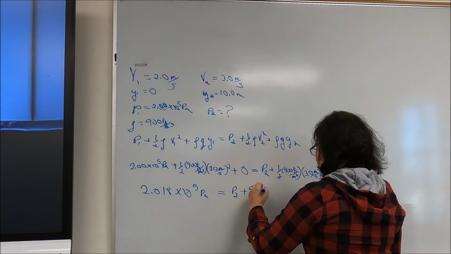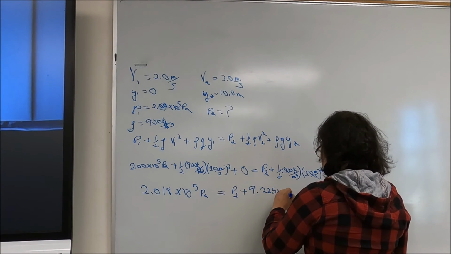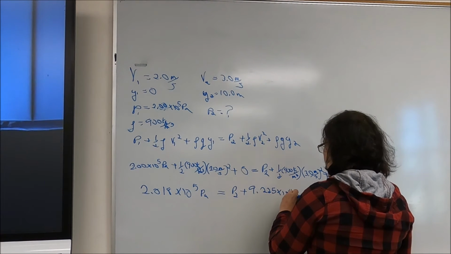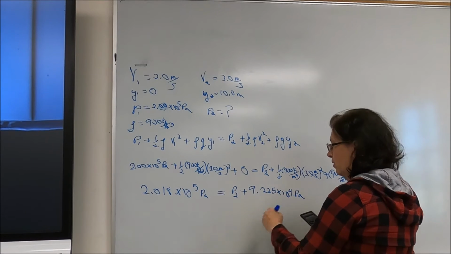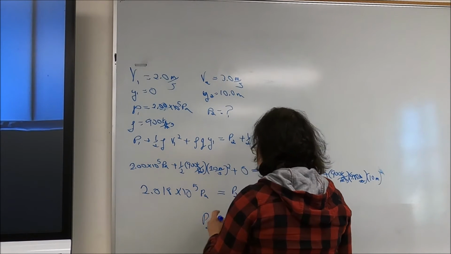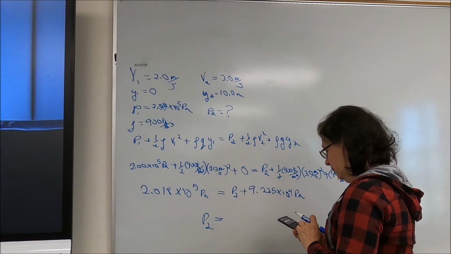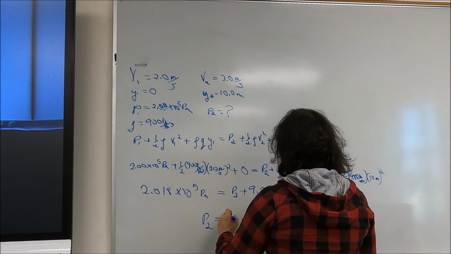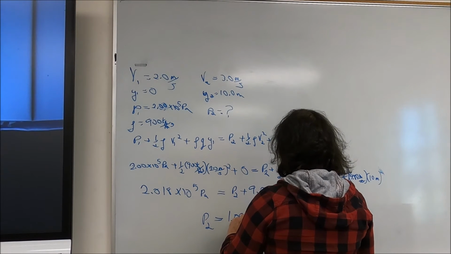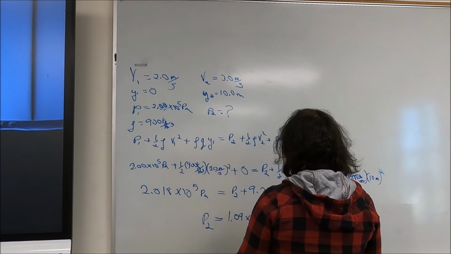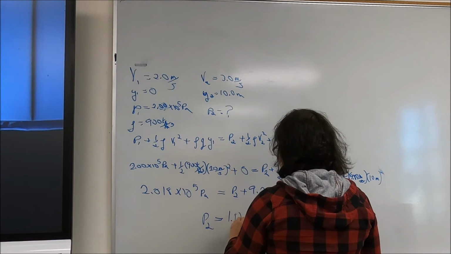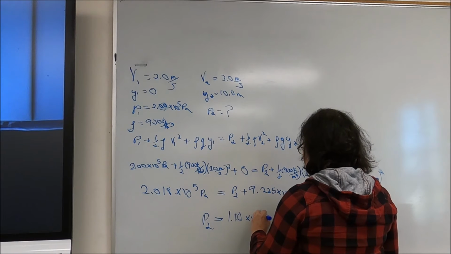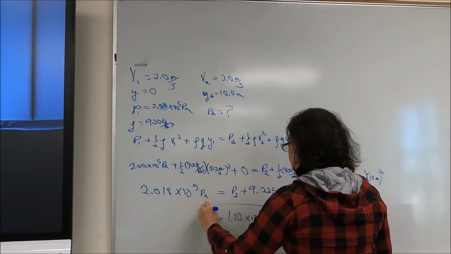So I get 9.225 times 10 to the 4 pascals. So solving for P2, I get 1.09 times 10, well, I actually am going to get 110 times 10 to the 5 pascals.